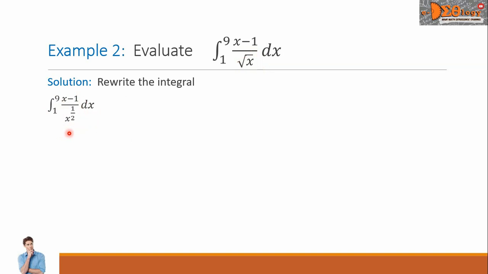From here, let us distribute the denominator to each term of the numerator. So we have x over x raised to 1/2 minus 1 over x raised to 1/2. Let us simplify each of the fractions. So we have x raised to 1/2 minus x raised to negative 1/2.